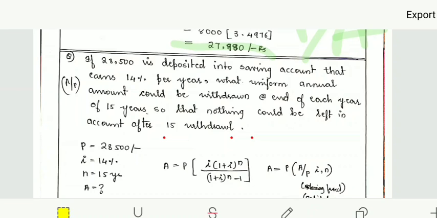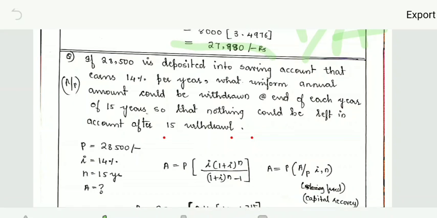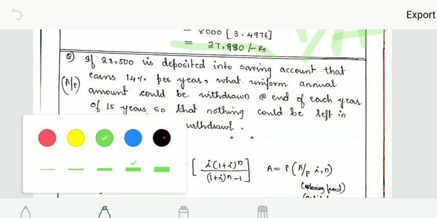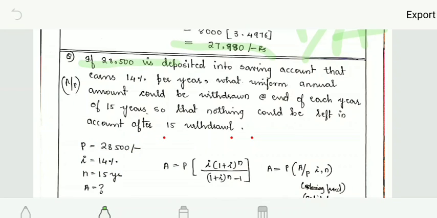So what you are doing is depositing this much amount, that is 28,500, into the savings account which will earn 14% every year. So how much will be the annual amount that could be withdrawn for 15 years? That is, how much is the value of A that you can withdraw for the coming 15 years.